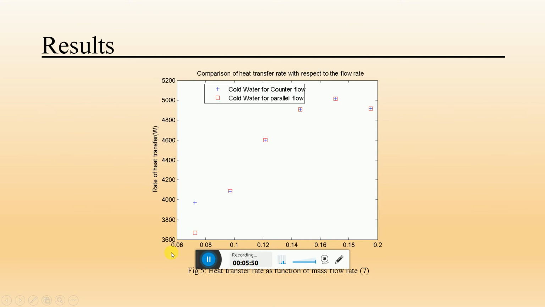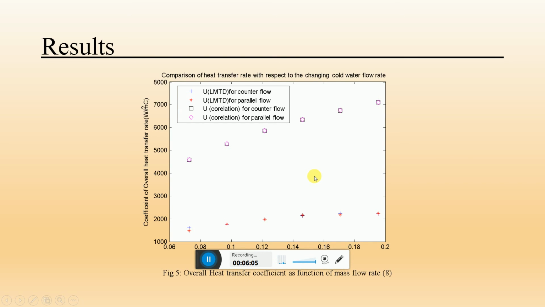And this is the graph we plotted in MATLAB using some codes, and we see that the counterflow and parallel flow have almost the same heat transfer rate. This is the graph for overall heat transfer, both LMTD and correlation, and both parallel and counterflow have the same heat transfer coefficient.